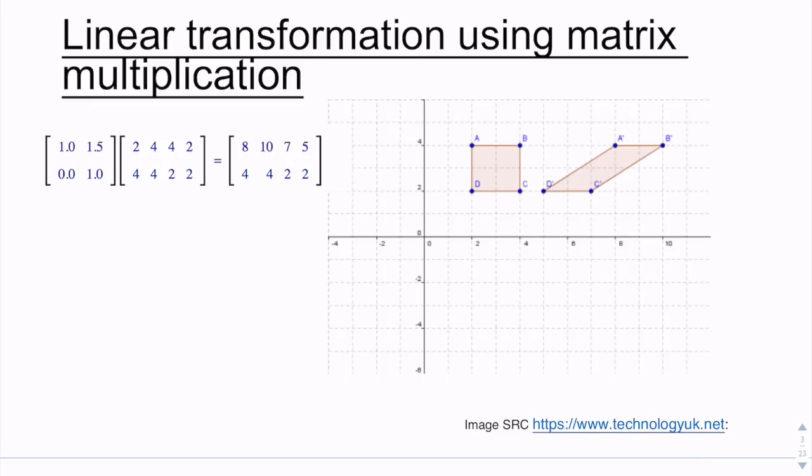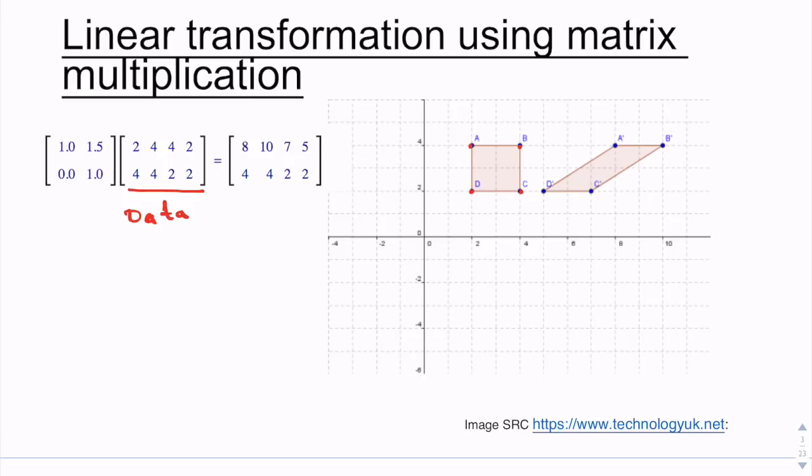We have 4 points: the first, second, third, and fourth point, which form a square. This matrix is our data.